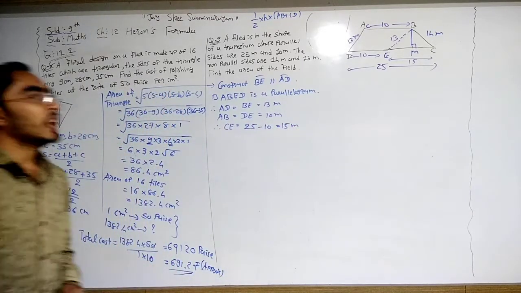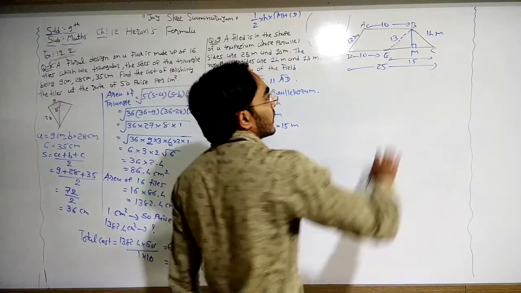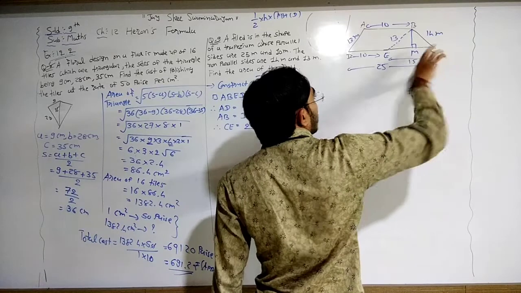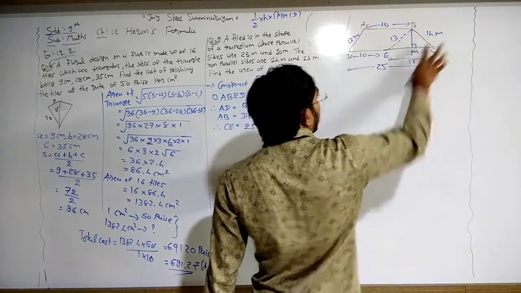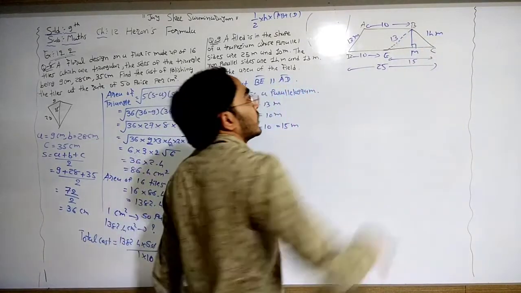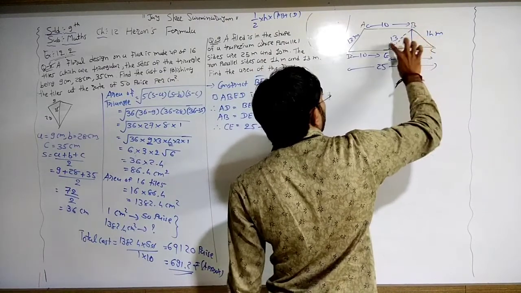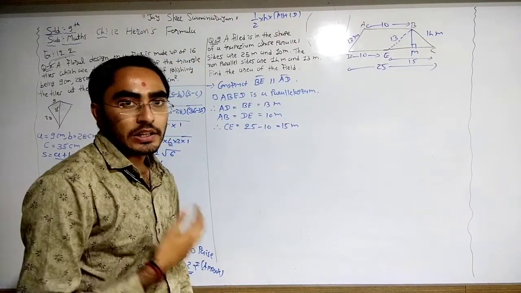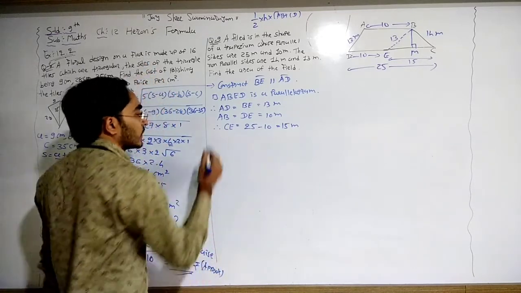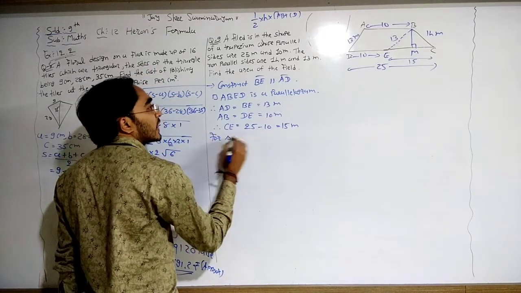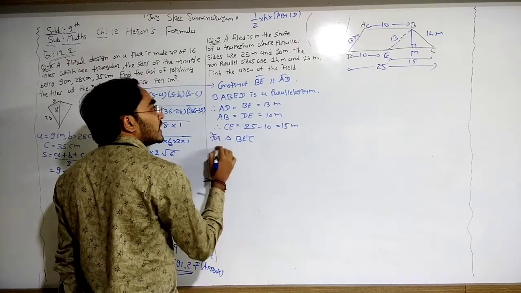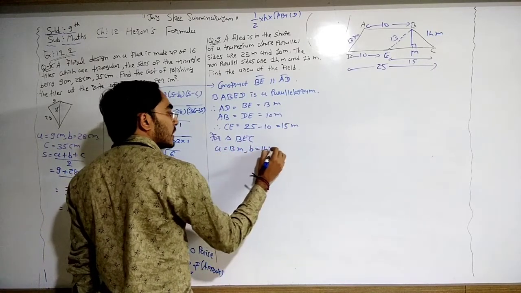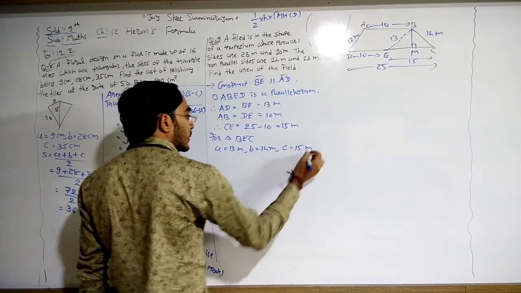Okay. Now just think about the triangle BEC. For triangle BEC, we have all three sides 13, 14 and 15. So we can find the area of that triangle by using Heron's formula. So for triangle BEC, a is equal to 13 meter, b is equal to 14 meter and c is equal to 15 meter.